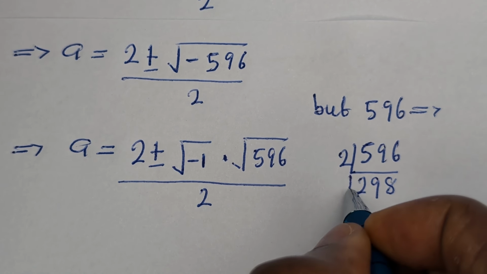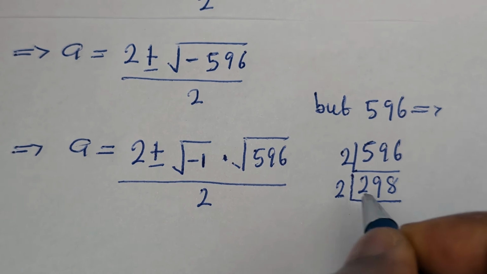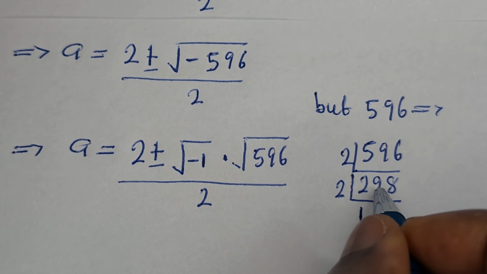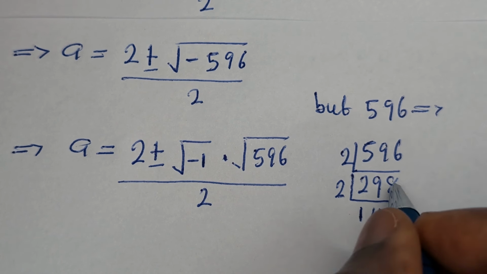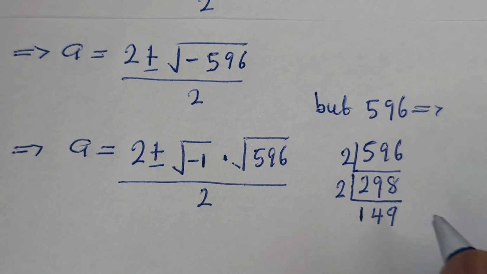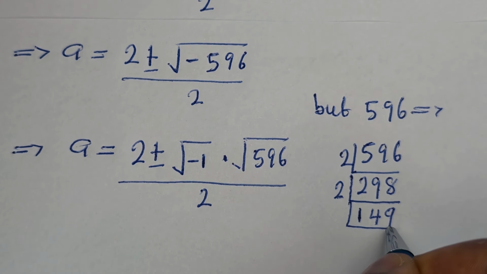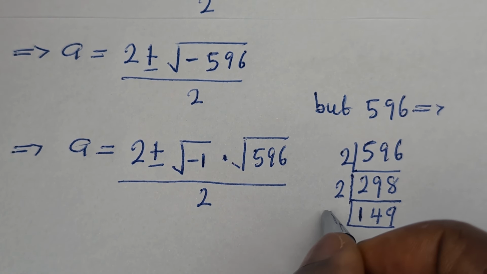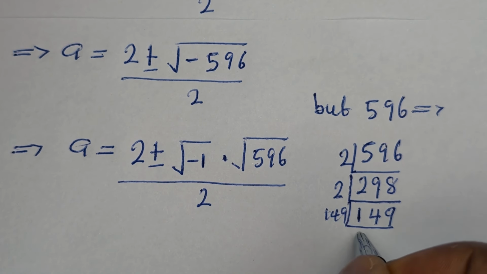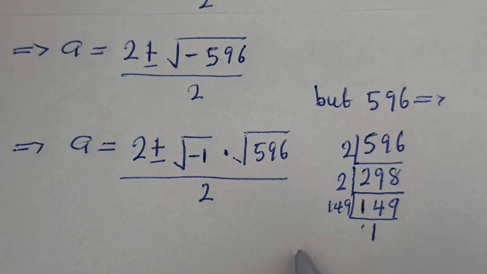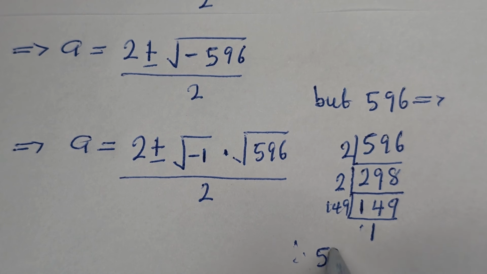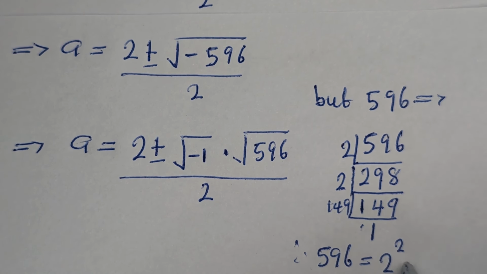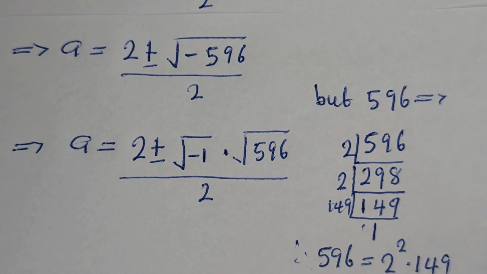Then this is also divisible by 2. 2 into 1, then 2 in 9, 4, remain 1, in 18, 9. Then this cannot be divided by 2 again, or 3. So let's say this is 149 and this is 1. Therefore, 596 is equal to 2 square multiplied by 149.